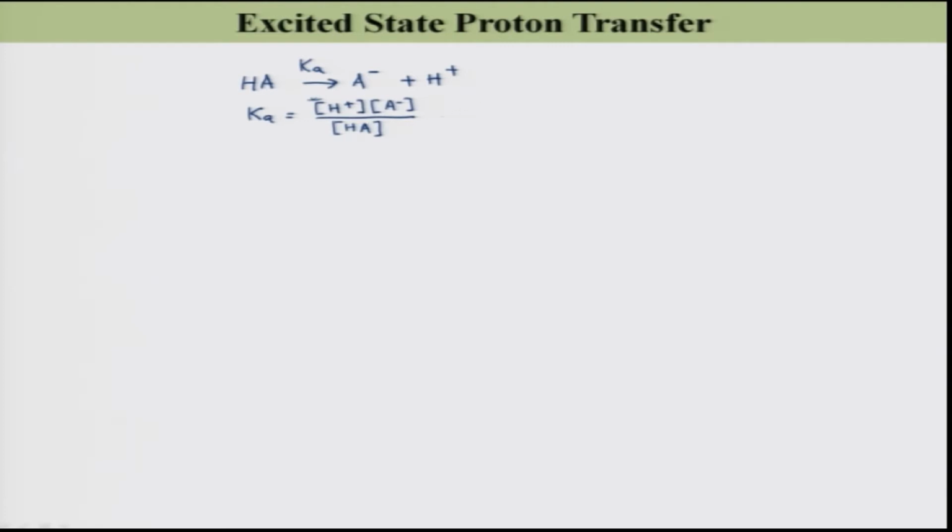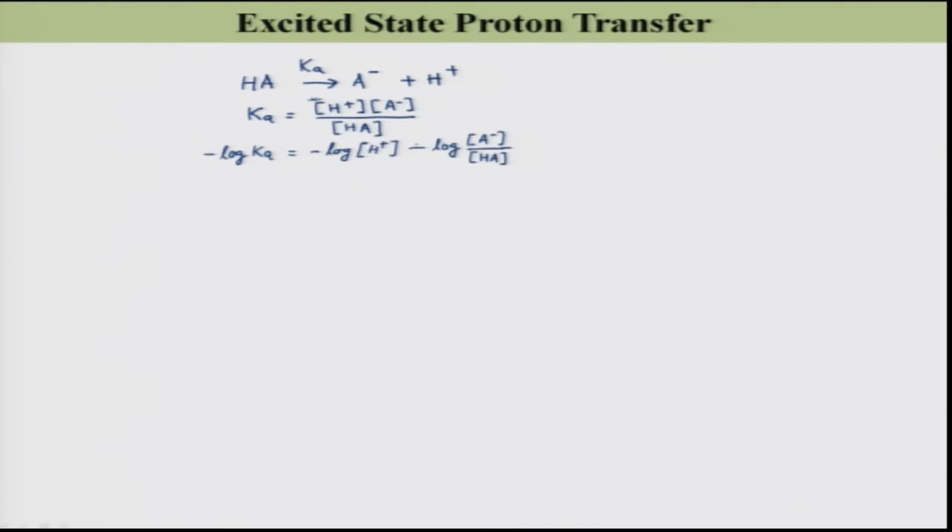So, taking log, I can write minus log Ka is equal to minus log hydrogen ion concentration plus minus log concentration of A minus divided by concentration of HA.